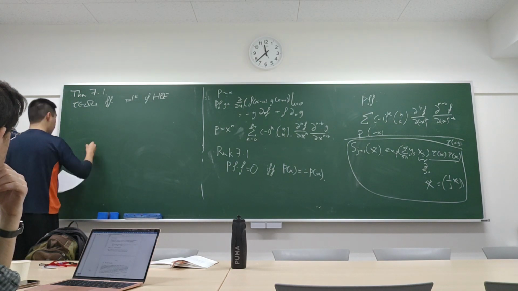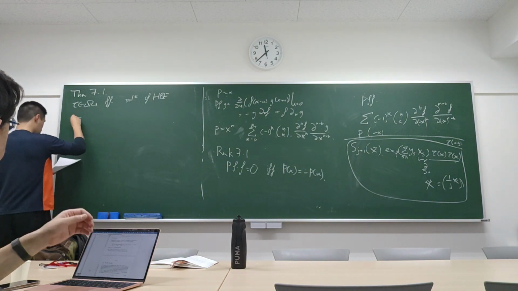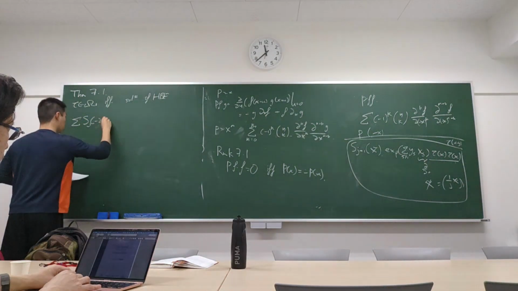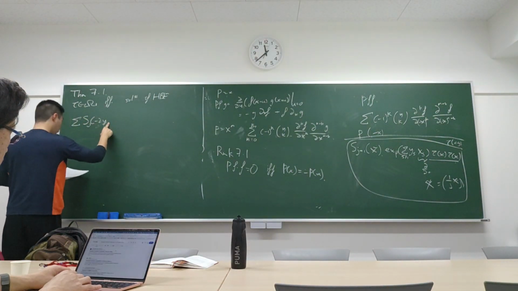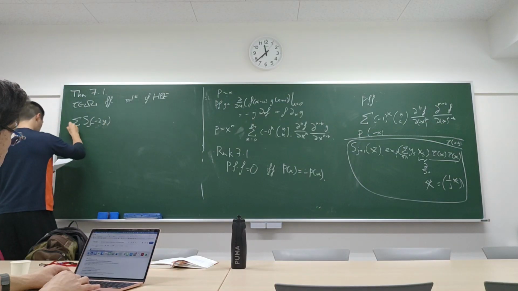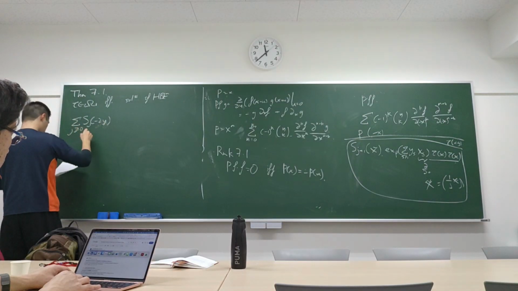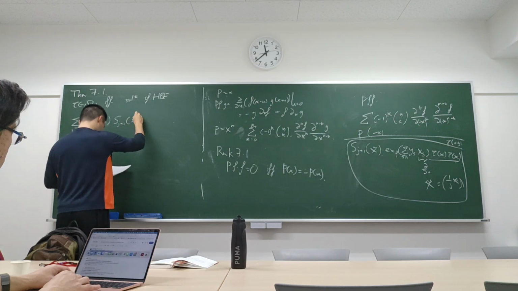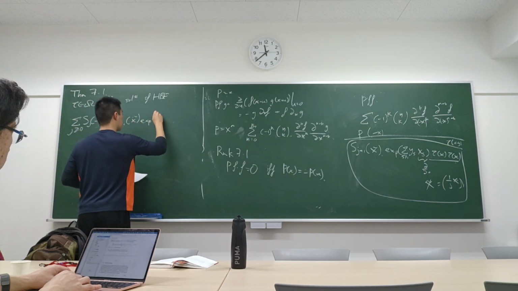Okay, and this HB is written explicitly as minus 2y, sum over j equals to 0 of s j plus 1 del dx.